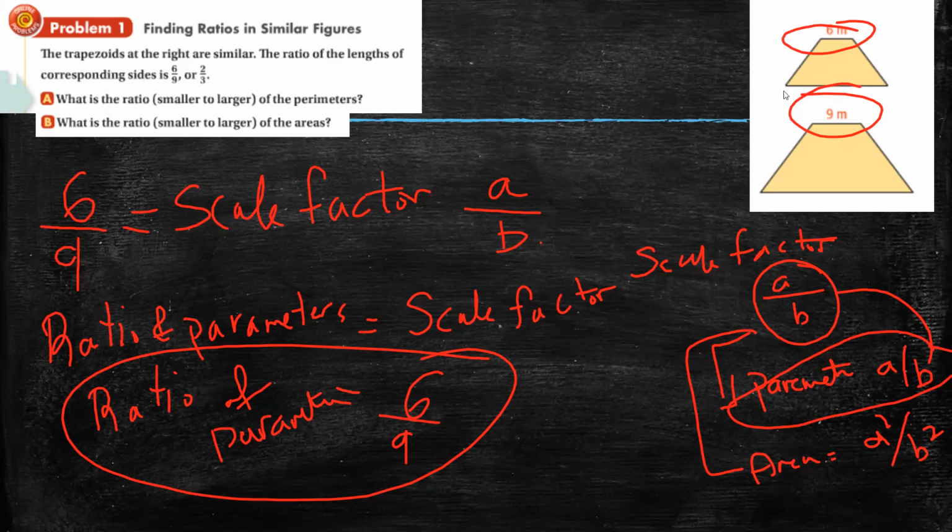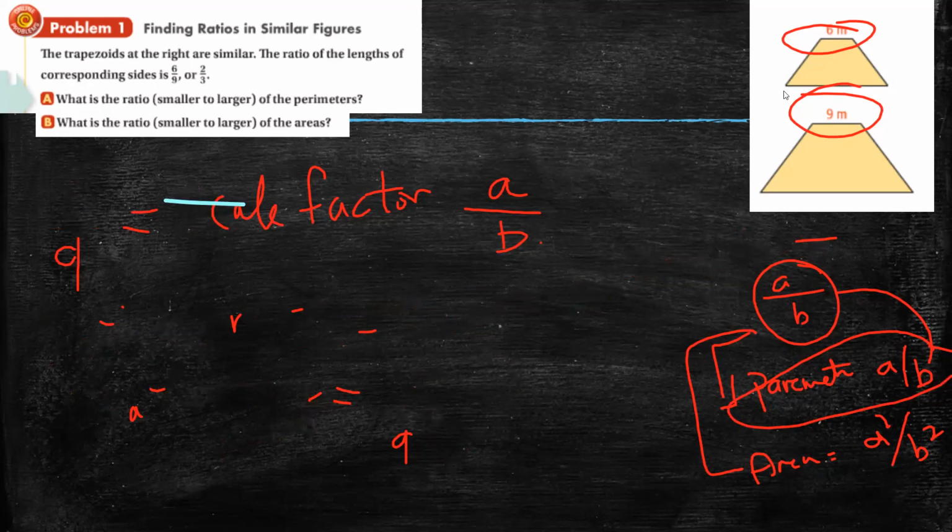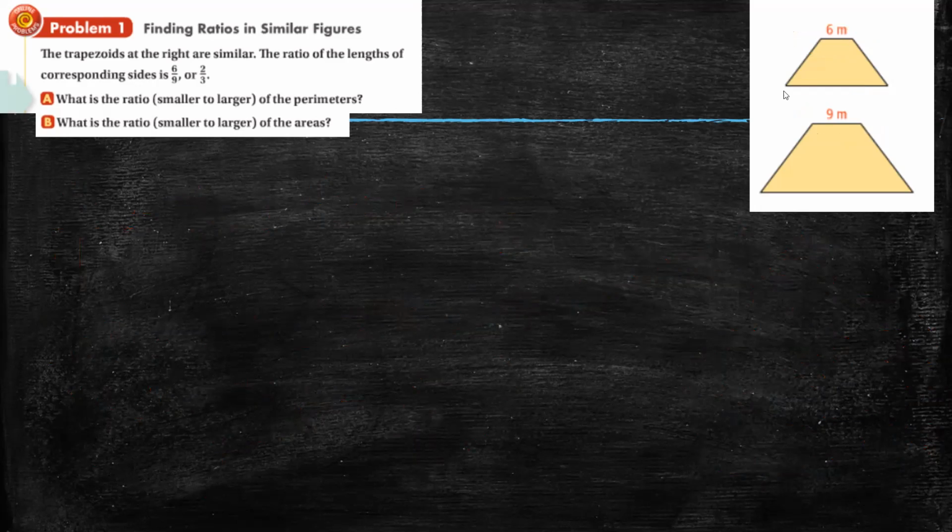Now here, let's see how we can find the ratio of the areas. So we say that the scale ratio, or the scale factor, is 6 over 9.